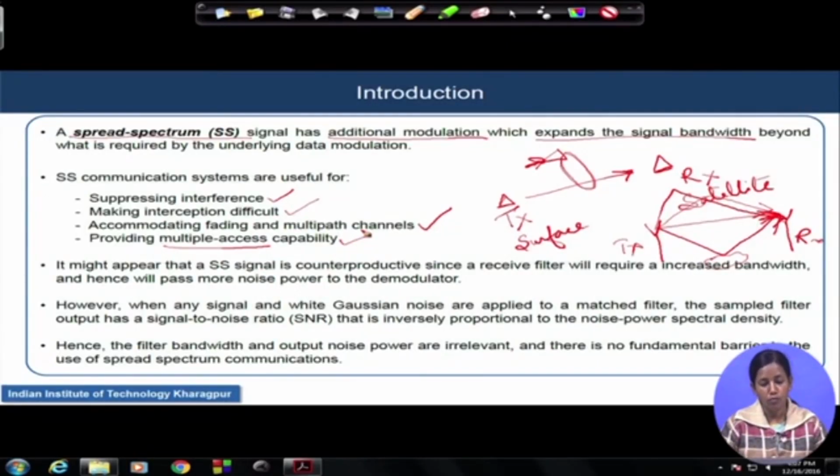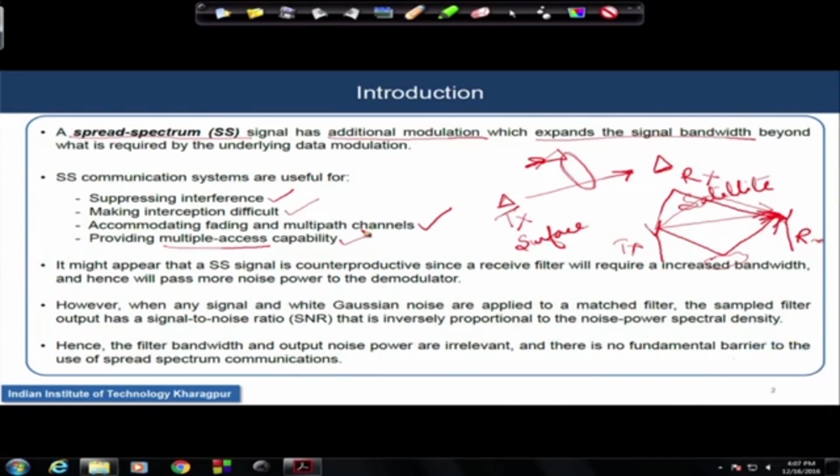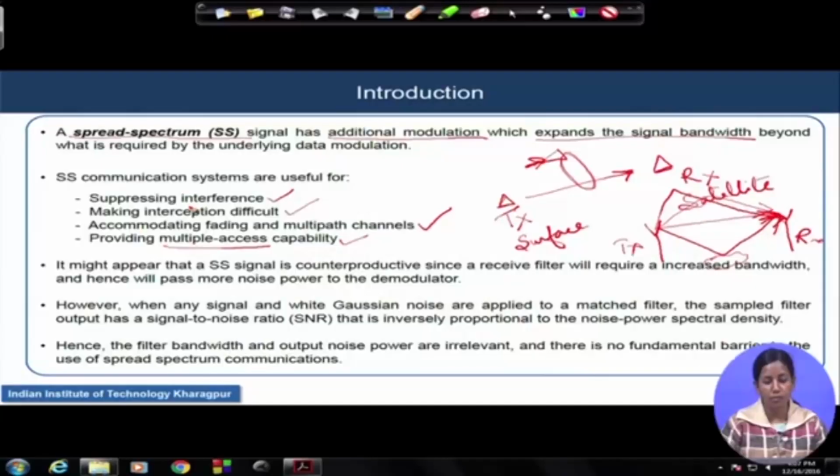In due course, we will also address the different multi-user interference handling techniques in the receiver with respect to CDMA technology. So, these are basically the 4 different use cases for which spread spectrum communication systems are found to be useful. There are some more also we will see in the coming slides.